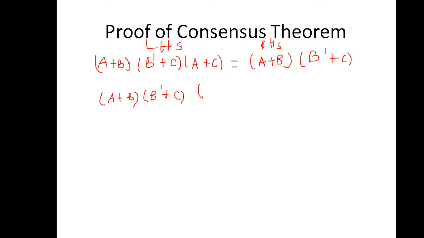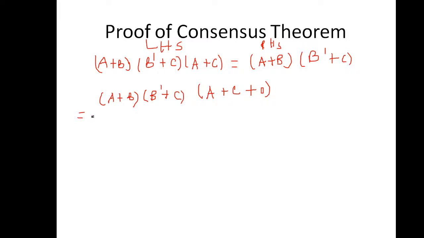In the third term, which parameter is missing? The parameter which is missing is B, right? So can we write it in this fashion, A plus C plus B into 0? We can write it here, right? Something plus 0 is the same thing, right?